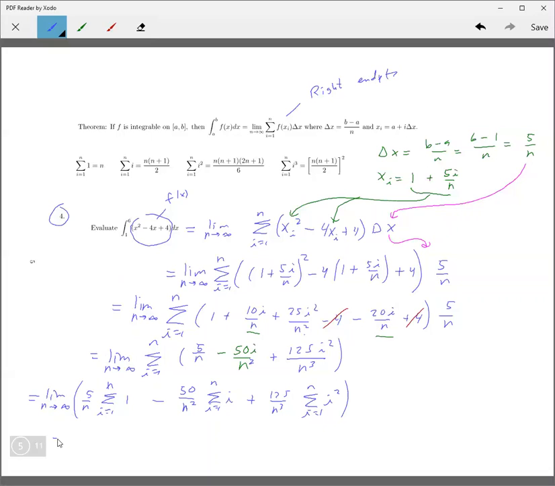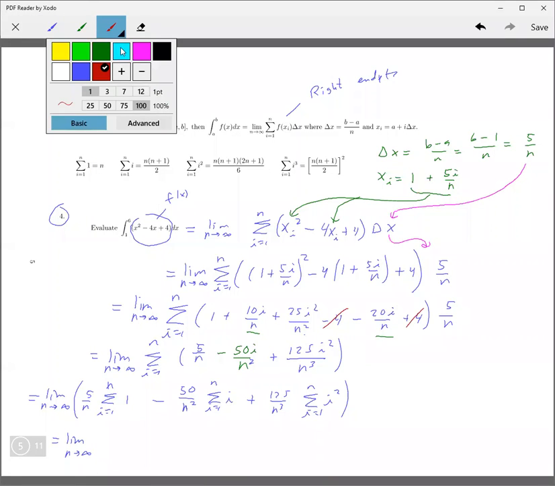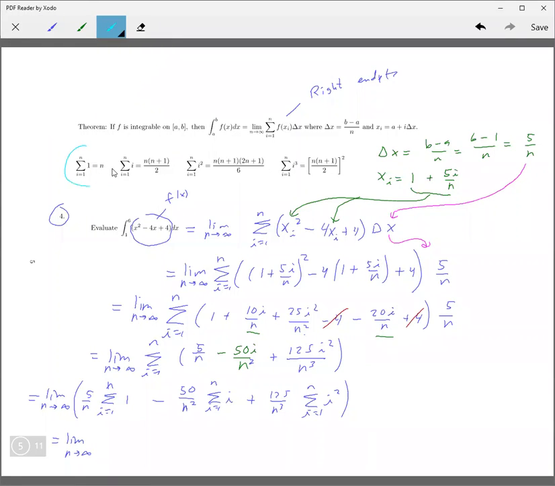Now you see that we have these convenient summation formulas here. This right here corresponds to that, and so this is just going to be n.